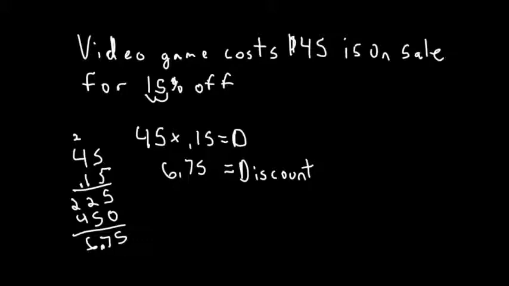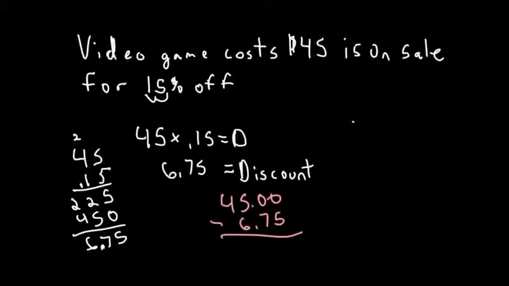Now $6.75 isn't what I pay, that's how much I get off of the $45. So to find what the sale price is, I got to take that $45 and minus my $6.75 of my discount.